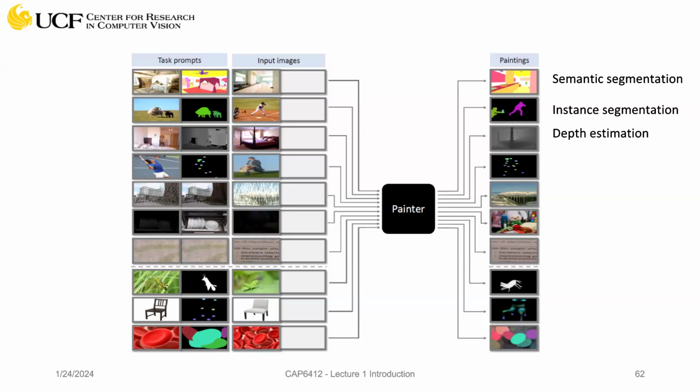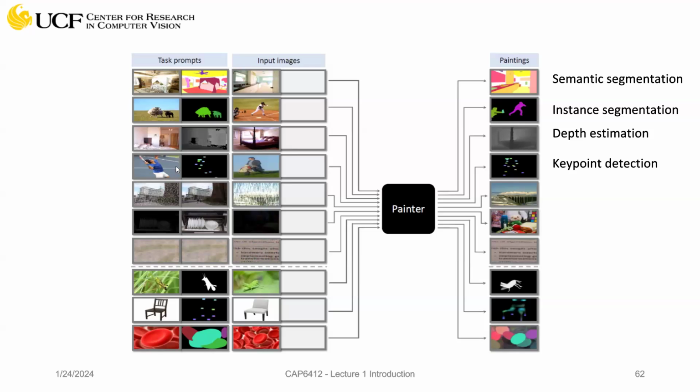And this one is depth estimation. Given an image, we want to estimate the 3D depth. So again, we give it this. That's why it's in-context learning, right? We tell it, this is the image and this is the depth. Now I give you this image, tell me the depth, and it gives you this one. Then we have keypoint detection.